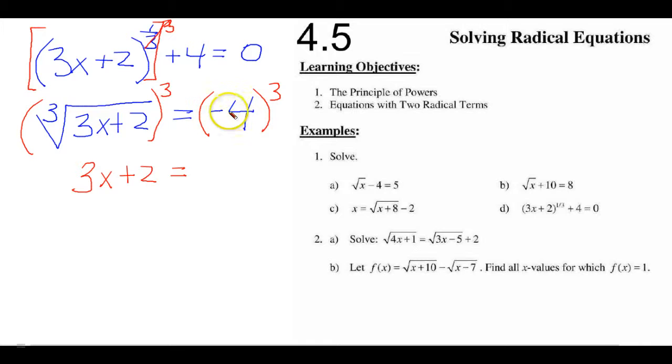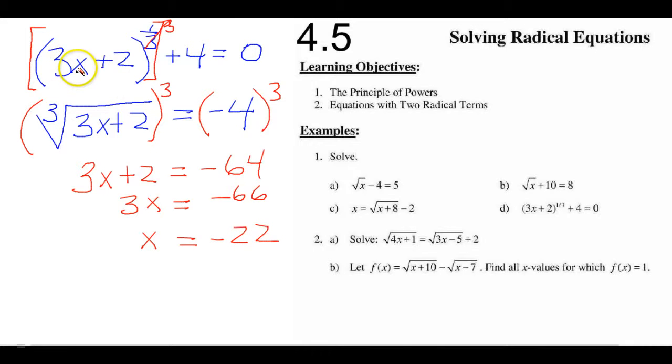And we're cubing this, negative 64. Now we're bringing this over as a negative 66. Going to divide by 3. X equals a negative 22.